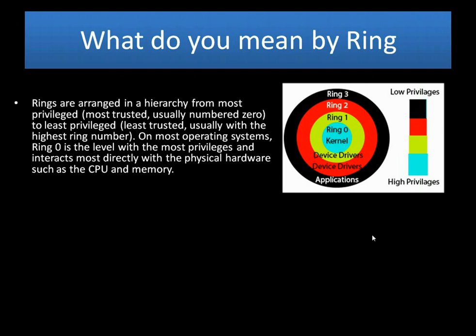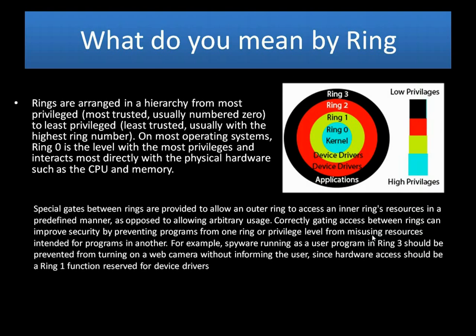Now, rings are arranged in a hierarchy from most privileged to least privileged. On most operating systems, ring 0 is the level with the most privileges and interacts most directly with the physical hardware, such as the CPU and memory.